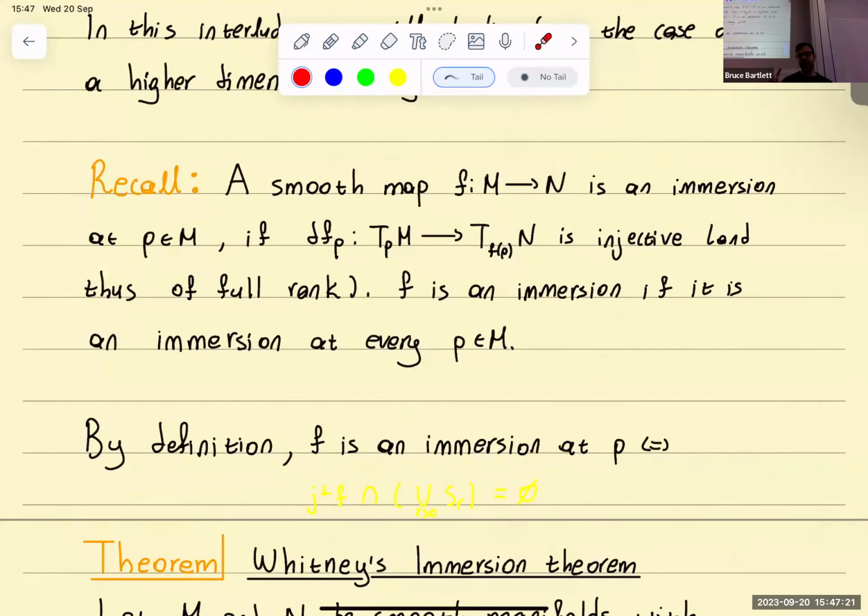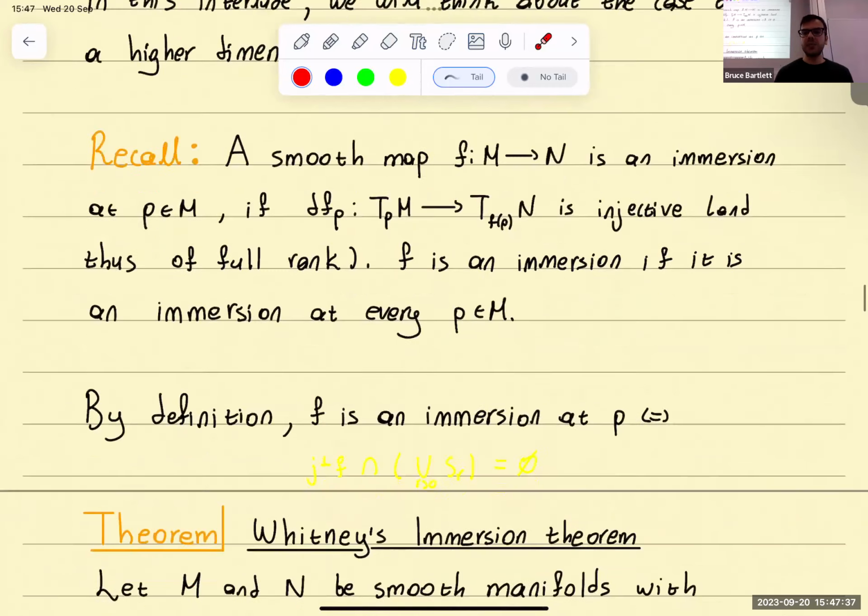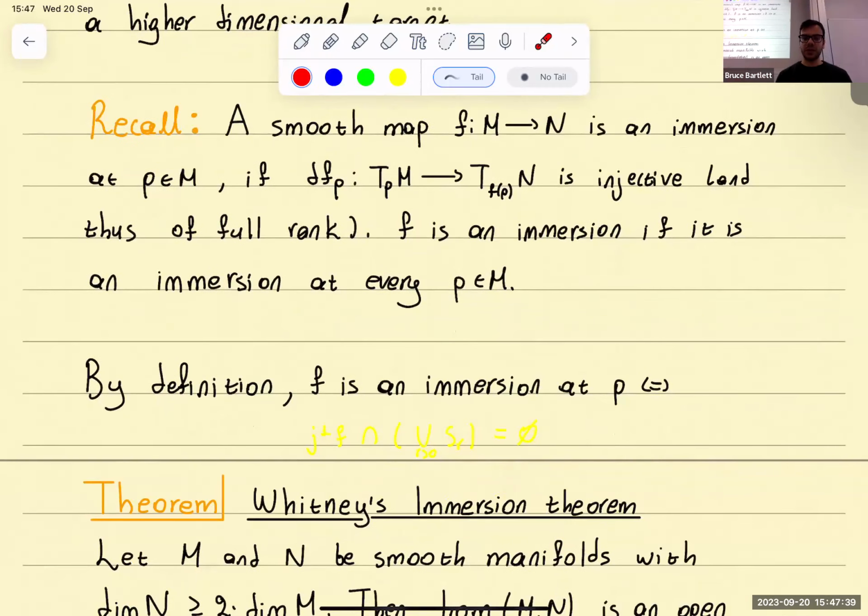Recall, just like we had a submersion, there's this notion of immersion, where you have a smooth map, and it's an immersion at p if the differential is injective. That means in particular that it's of full rank. And f will be an immersion if it's an immersion everywhere.